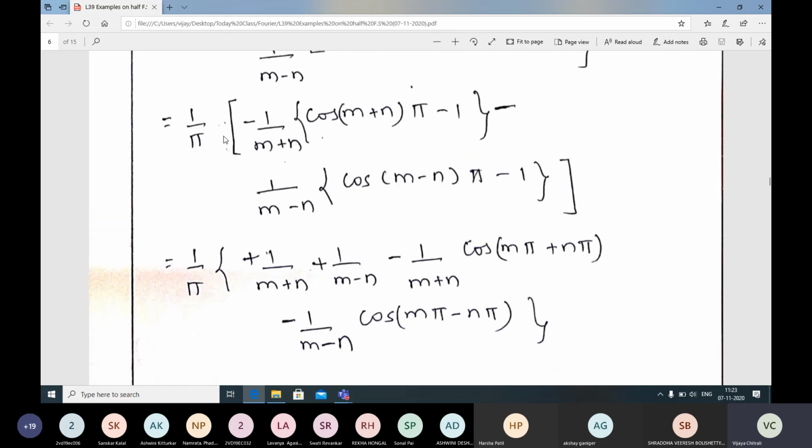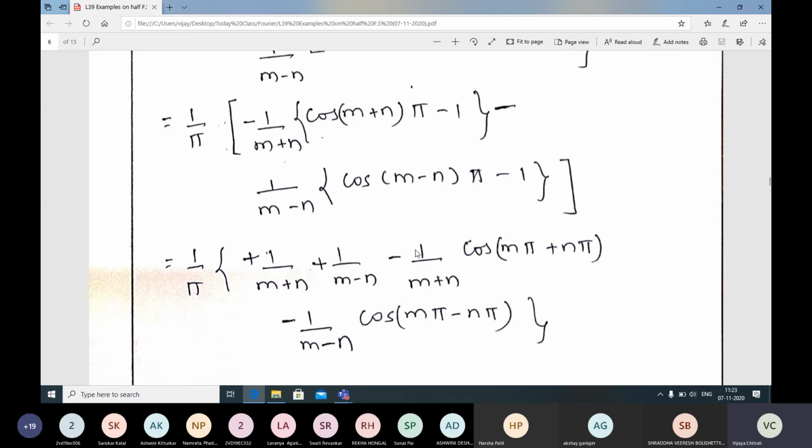I'll explain it once again. This 1 by pi as it is, multiply minus 1 upon m plus n and minus 1 upon m minus n. So minus 1 upon m plus n to this bracket, this minus into minus is plus 1 upon m plus n, and here minus 1 upon m minus n to this minus 1, so minus into minus is plus 1 upon m minus n, and multiply this pi.